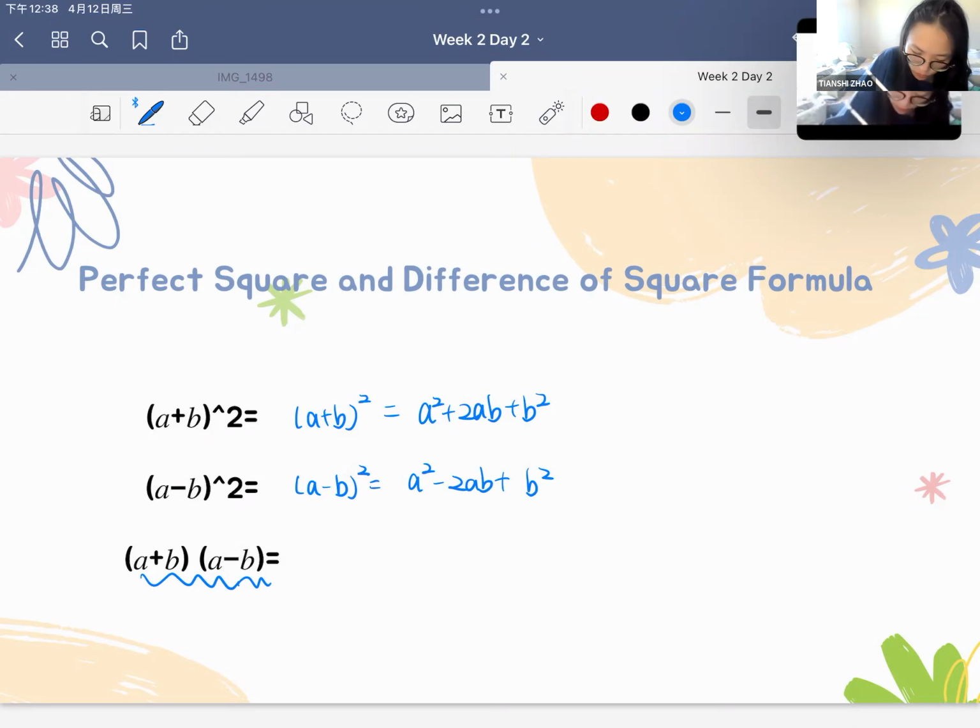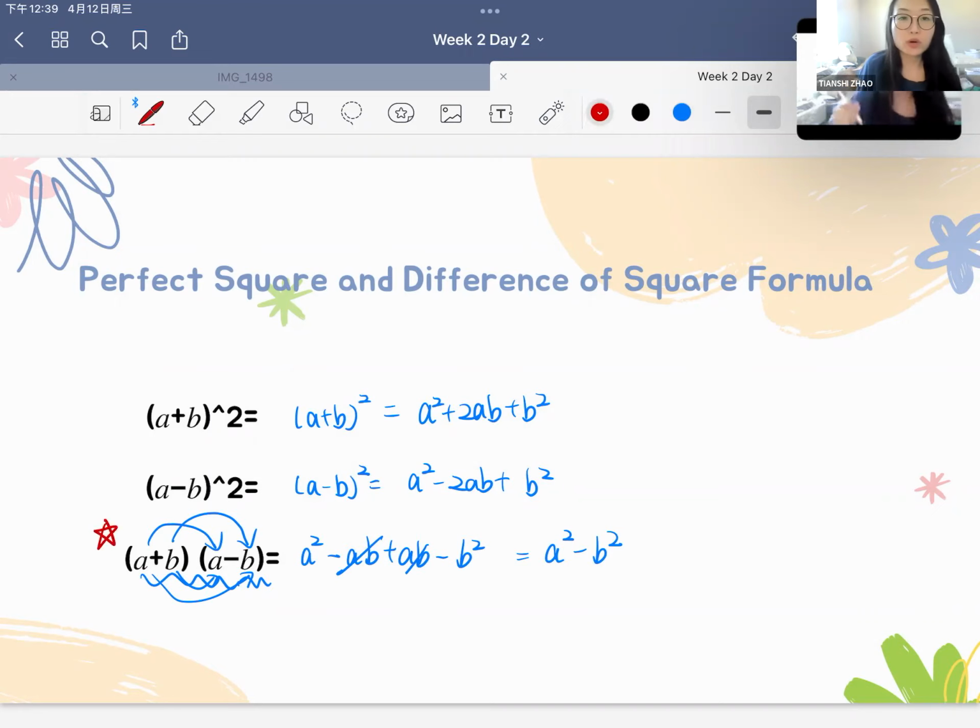First we use the distributive law: a times a is a squared, a times minus b is minus ab, then we have plus ab, and b times minus b is negative b squared. The minus ab and plus ab cancel out each other, and the final answer is a squared minus b squared.